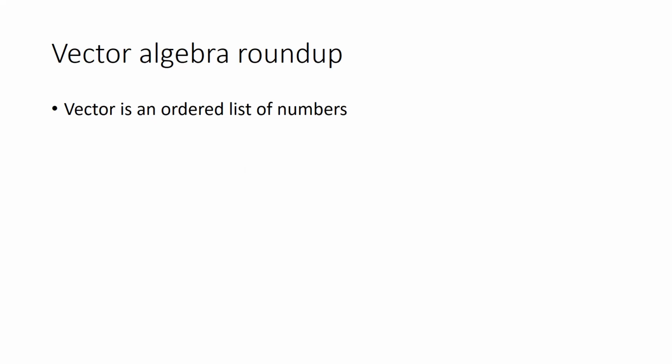We can have 2, 3, 4, 5, 6, 7 numbers listed, and those would be vectors. We're going to be dealing with 2 and 3 dimensional vectors since we're studying physics.